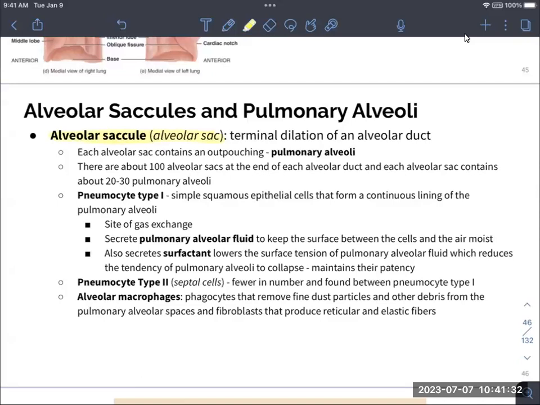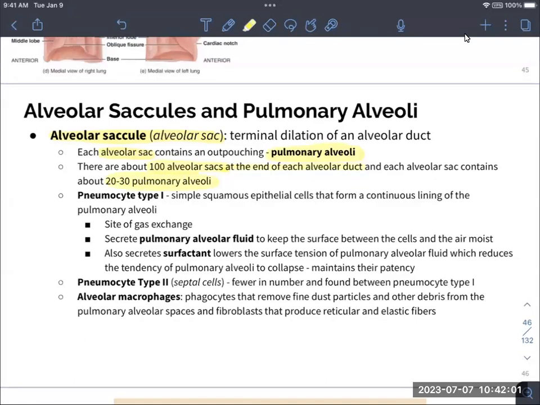That's where these alveolar sacs are found. And this is where we contain pulmonary alveoli, where gas exchange is going to happen. There is about 100 alveolar sacs at the end of each alveolar duct. And each alveolar sac has 20 to 30 alveoli.